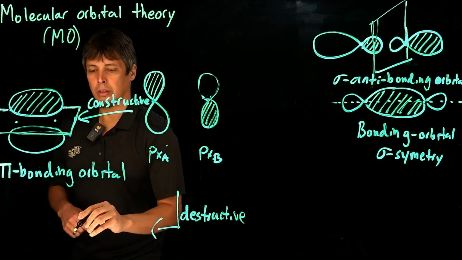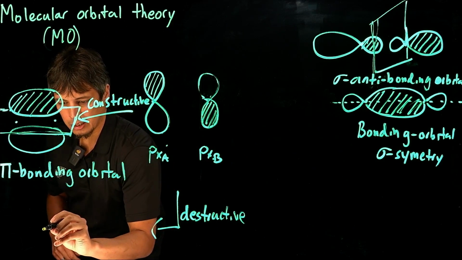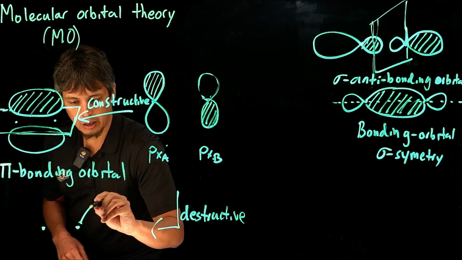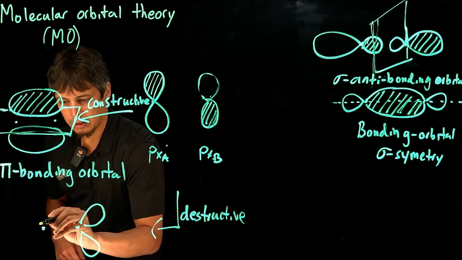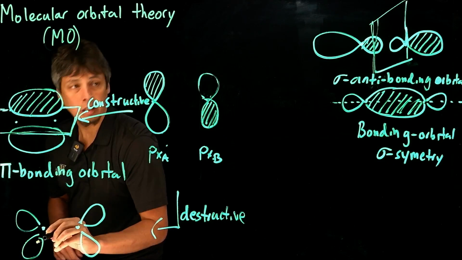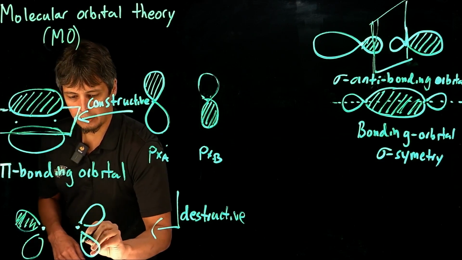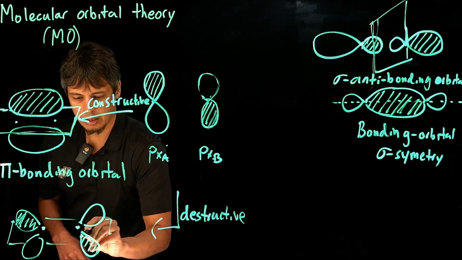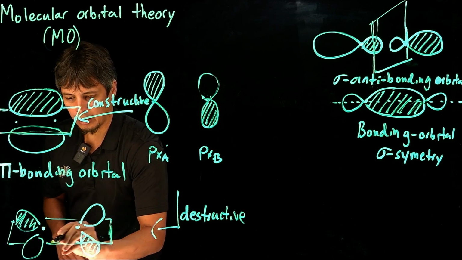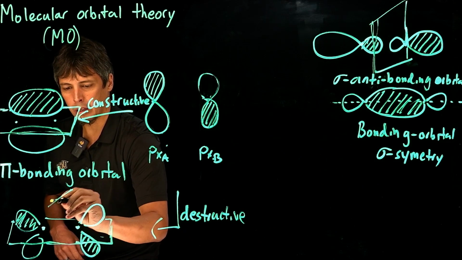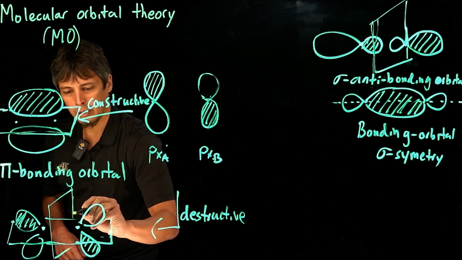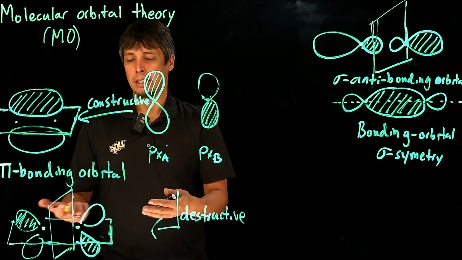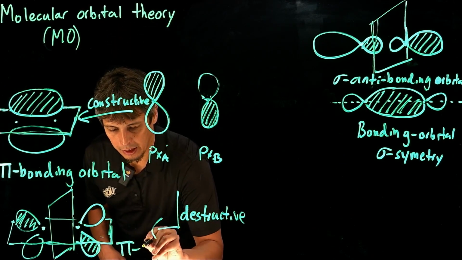In this case, we don't expect to have this accumulation of electron density, and what we'd end up with is something like this, where we not only have the nodal plane here that intersects with the nuclei, but we now have a second nodal plane that doesn't exist in the bonding orbital. So we have a second nodal plane here, and this is going to be a pi antibonding orbital.